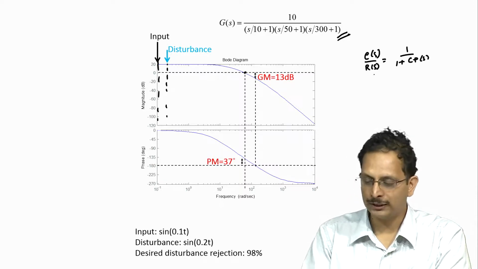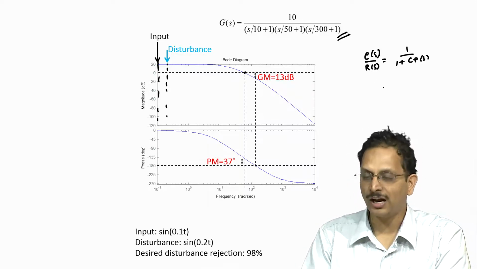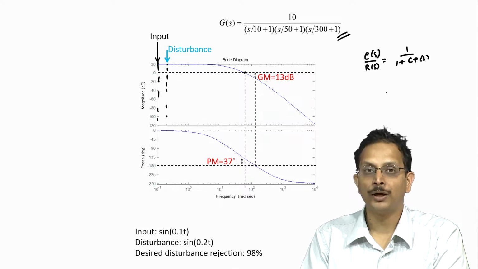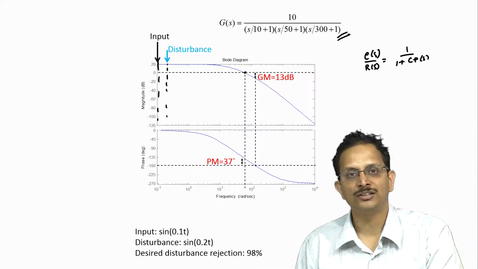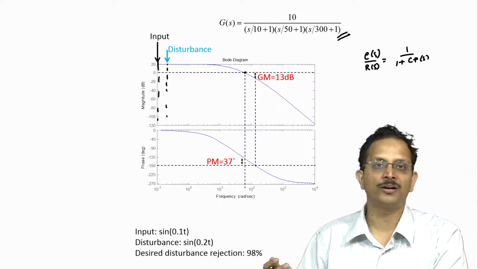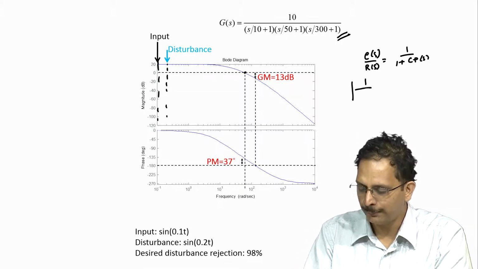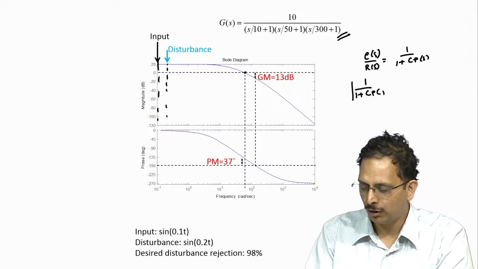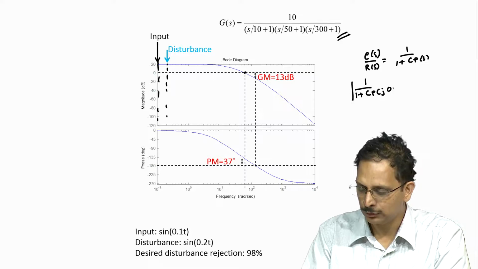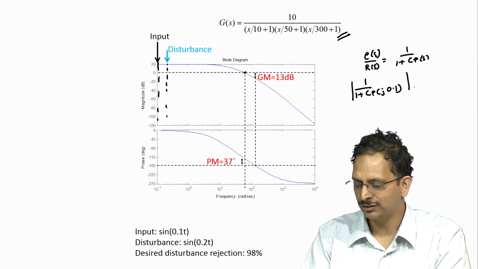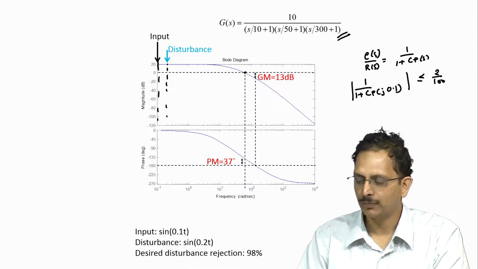Therefore, what we want in order to track our reference with the desired degree of accuracy is that at omega equal to 0.1 radian per second, the magnitude of this transfer function should be less than or equal to 2%, because we want to track this reference with 98% accuracy. In other words, the magnitude of 1/(1+CP(j omega)), in this case omega is 0.1, so j0.1, the magnitude of this should be less than or equal to 2/100 which is 2%.